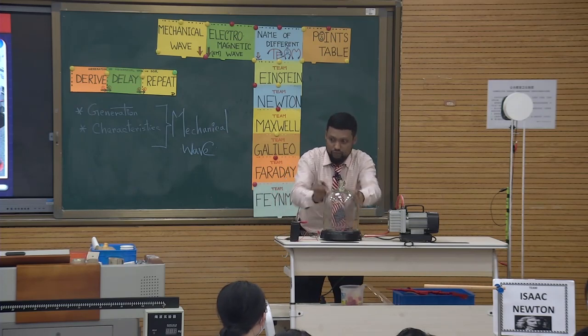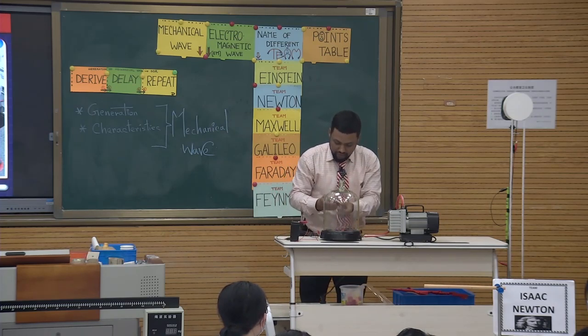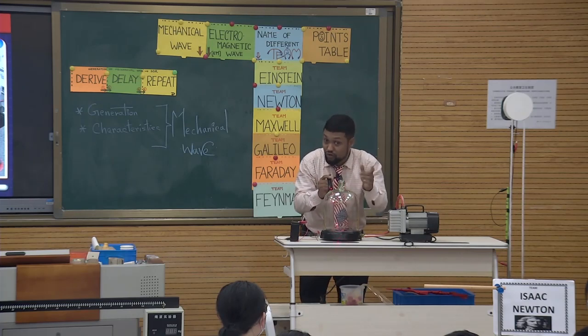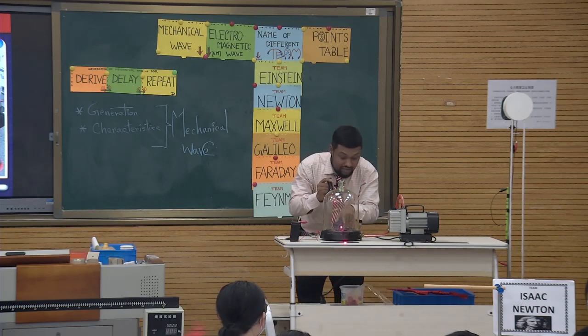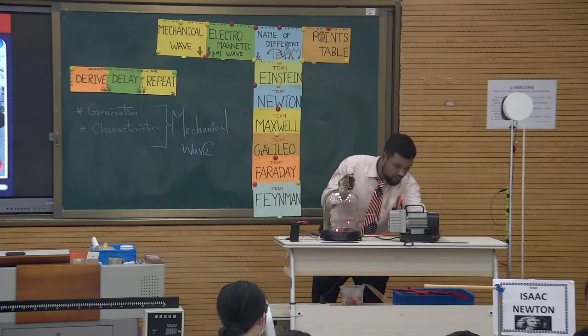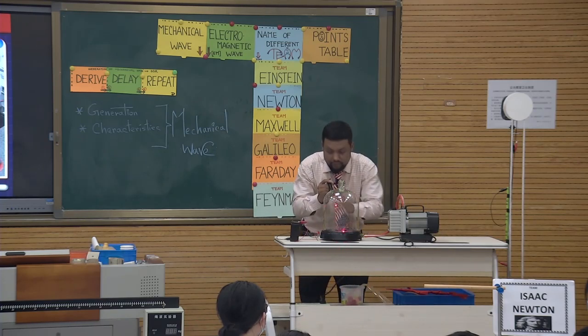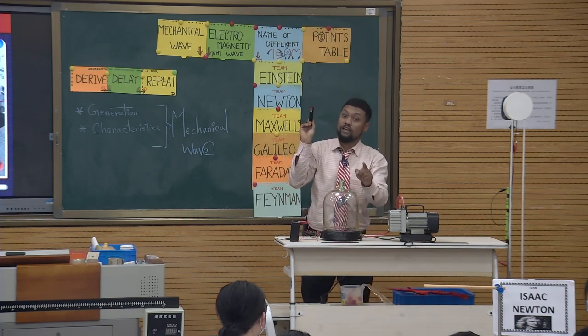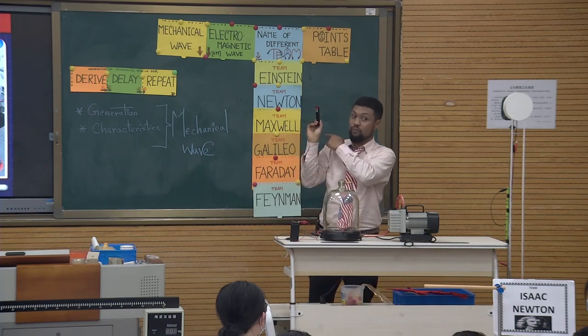Okay, all right? So in the vacuum, you can see here the light is still passing through the vacuum, but the sound is not passing. I can see here the vibrator is still vibrating. So light can pass through vacuum. Means light is what? Electromagnetic waves or mechanical waves?